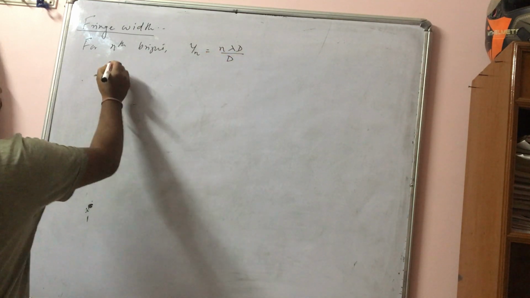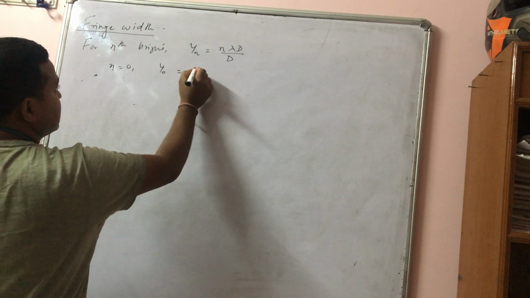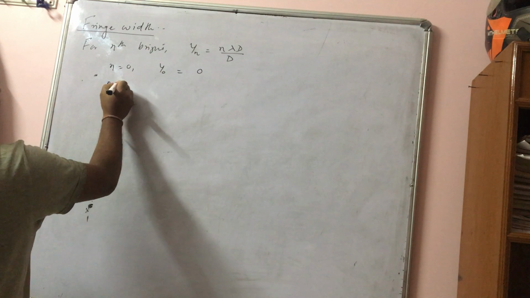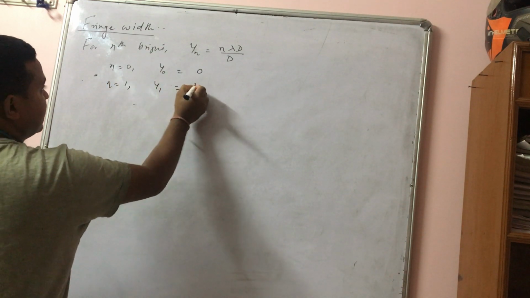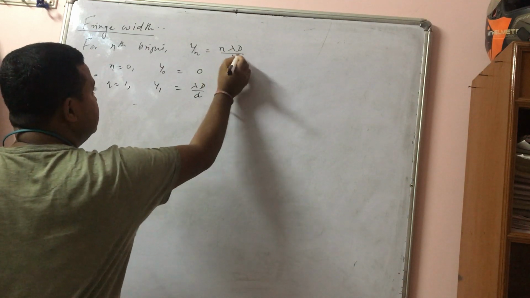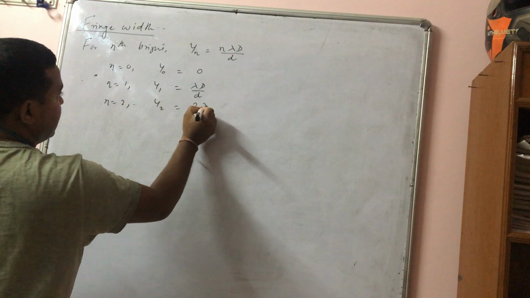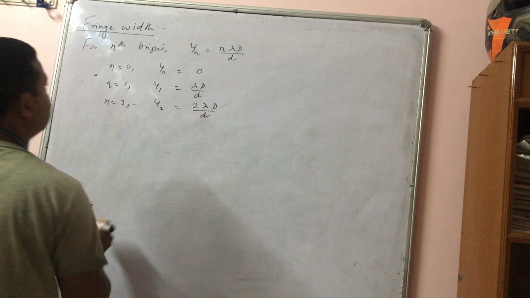Here, if we put n equal to 0, y0 I have already given you, that is 0. n equal to 1, y1 will be lambda D by d. n equal to 2, y2 is 2 lambda D by d, like that.